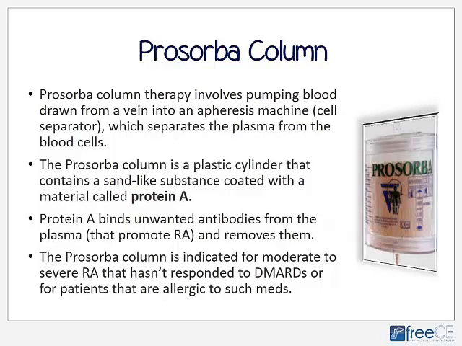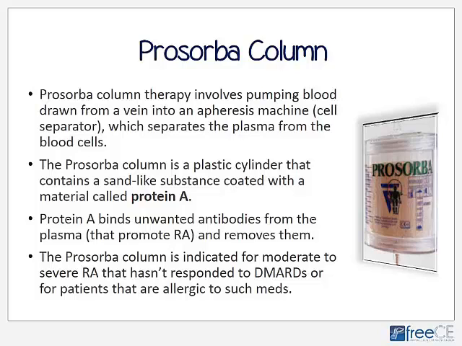The Prosorba column. This column is a type of filtration treatment, and it involves pumping blood drawn from a vein into an apheresis machine, a cell separator, and it separates the plasma from the blood cells.